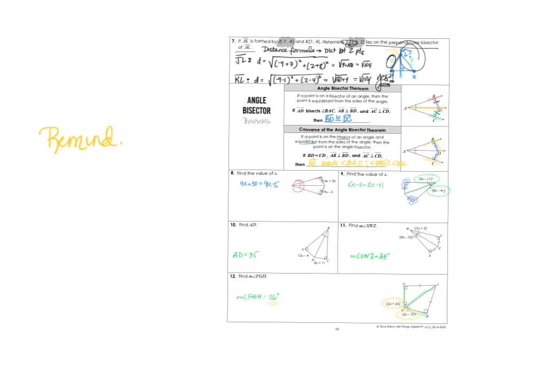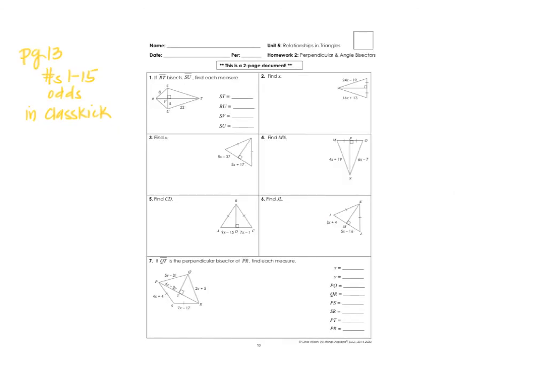So let's talk really quick about your homework. You will find the assignment in Canvas, directing you to go to ClassKick with the code for the ClassKick assignment. If you haven't done it, we all did it in class, but the ClassKick code for this assignment is 44G and 3S.